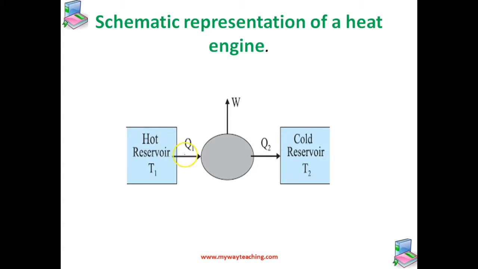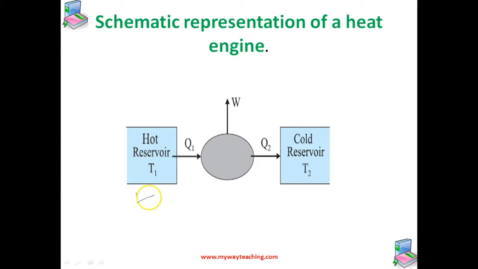This is the schematic representation of a heat engine, and it represents the basic features of a heat engine. The engine takes heat Q1 from a hot reservoir at temperature T1. Here you can see that.